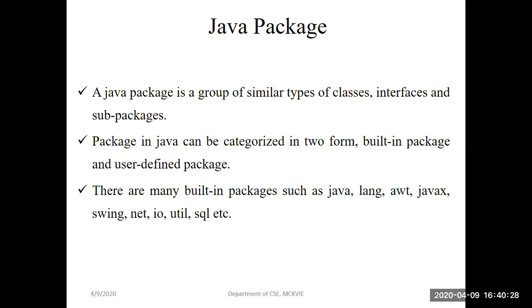So a package is nothing but the combination of similar types of classes, interfaces, and sub packages. Packages in Java can be categorized into two forms: one is built-in package, another one is user-defined package.